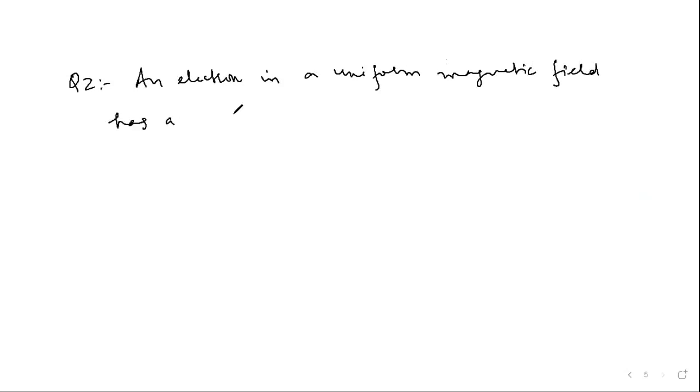An electron in a uniform magnetic field has a velocity v equal to 40 i cap plus 35 j cap kilometer per second.